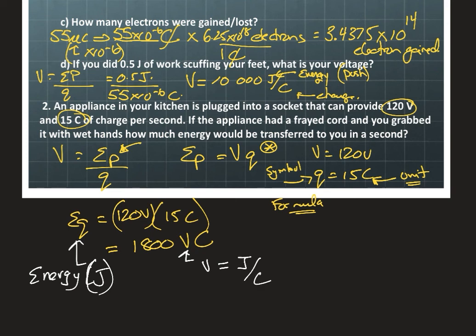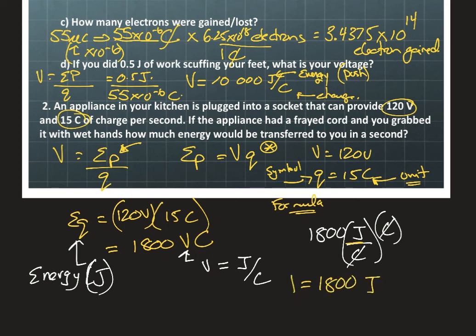So if I now were to substitute this in, instead of the volt, I put a joule per coulomb, and this was multiplied by a coulomb, look what happens. The coulombs will divide out to be 1, and lo and behold, I am left with a J. And this is beautiful because that means I have 1800 joules, and that is exactly the unit I want for energy. So I really hope that helps.